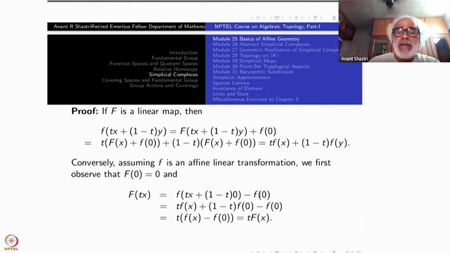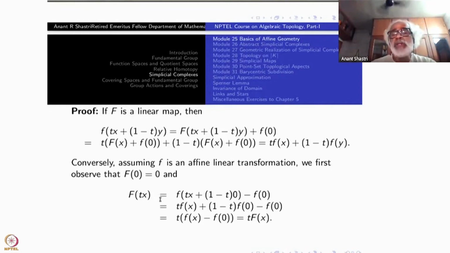Okay, minus f0. All right. But when you write like this, it is t times fx plus (1 minus t) times f0 minus f0. But that is nothing but t times (fx minus f0), which is by definition t times Fx. So t comes out of that.